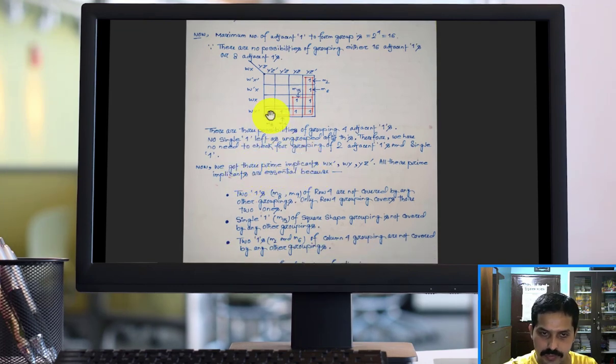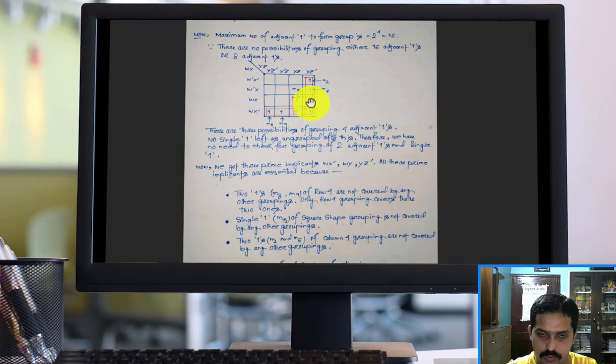The prime implicants, we look at single ones. Here this is one single one, and so on. But see, this one is having two groups. This one and this one also belong to two or more than two groups, but this one and this one only belong to this group, this one only belongs to this box group, and these two ones only belong to this column group.